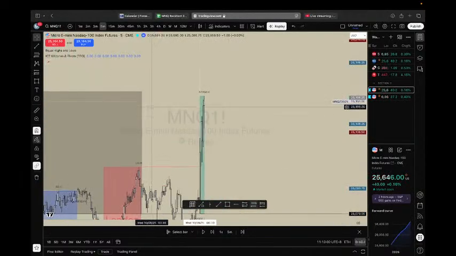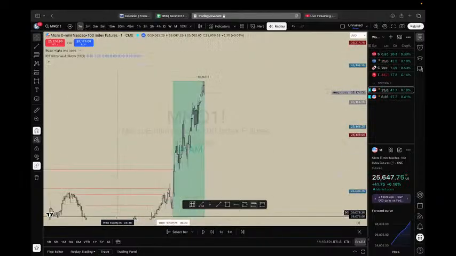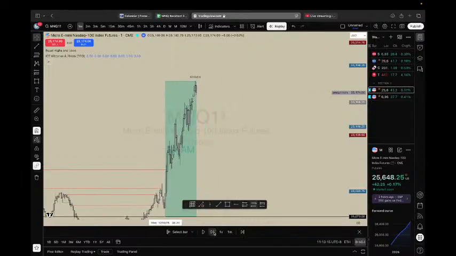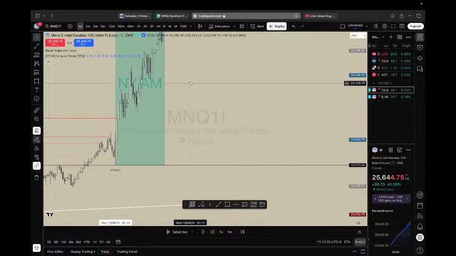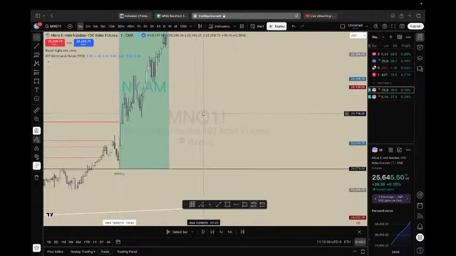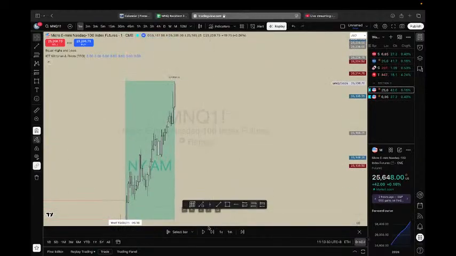I want to see if we close above this. We do close above it. Was there an entry? Not really. Nothing really showed itself for us. But we'll just keep watching price action.